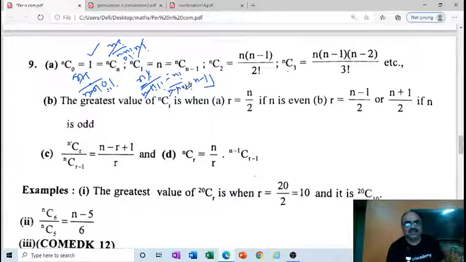N minus n cancels, it is only 1 factorial, and n minus 1 factorial cancels, so it will be n factorial. Sorry, it is n. So NC1 or NCN minus 1 is equal to n. Next, NC2 equals n into n minus 1 by 2 factorial. And NC3 equals n into n minus 1 into n minus 2 by 3 factorial.